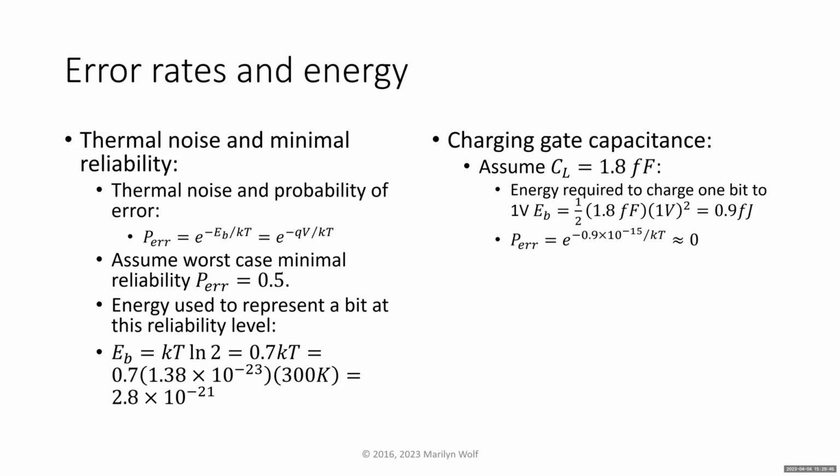Okay, we can write a formula for the probability of error based upon the energy bands and the Boltzmann constant and so forth. So let's just for argument's sake say that we are willing to accept a 50% probability of error in a gate. Okay, that is, we're not going to take that as acceptable, but just to get an idea of the numbers involved, let's start with that.